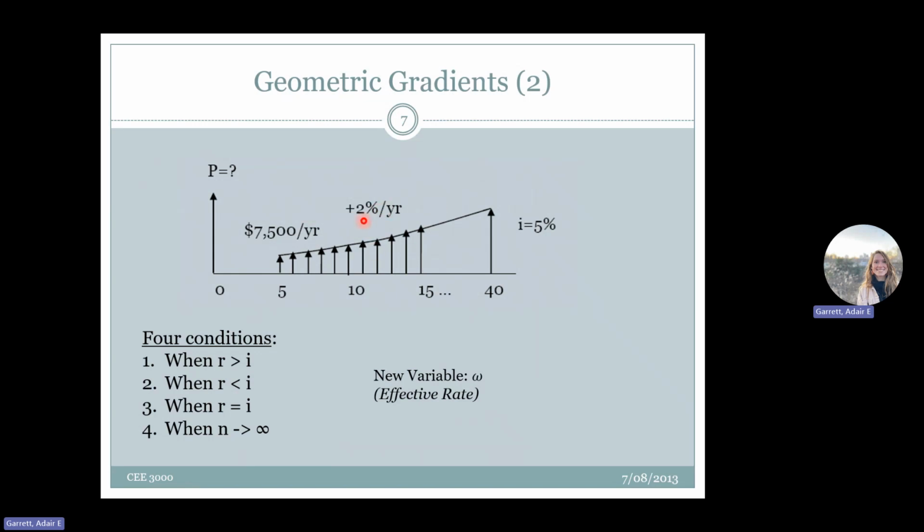We know that we're growing by 2% per year, so we're putting in an additional 2% on top of our 7,500 each year. And then our interest rate or discounting factor is 5%. Then we may have these 2 values equal to each other. And finally, we may have n going to infinity. We're going to talk about each of these cases in detail.